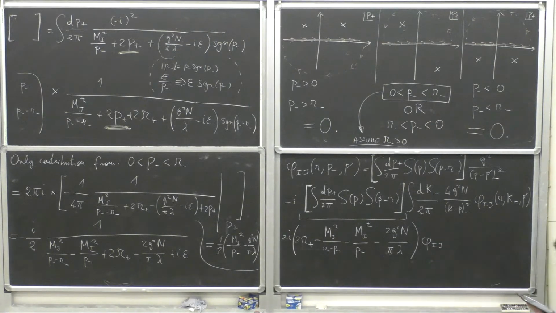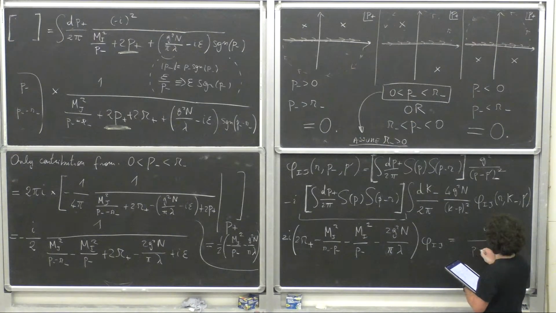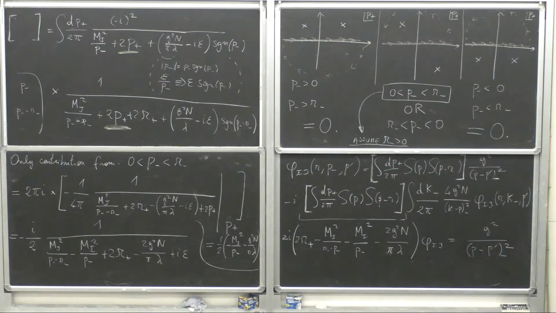I will not write the arguments of phi ij just to save some space. This is equal to g squared over p minus p prime minus squared, okay?